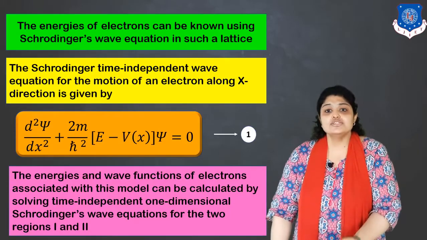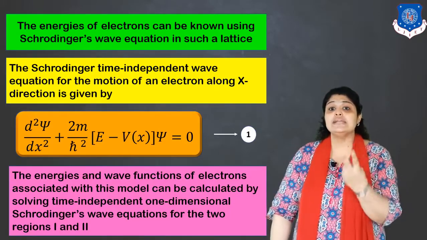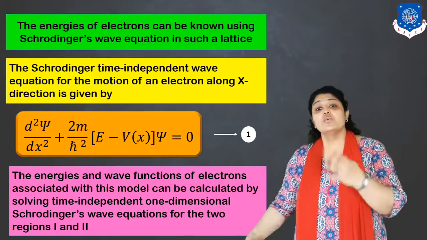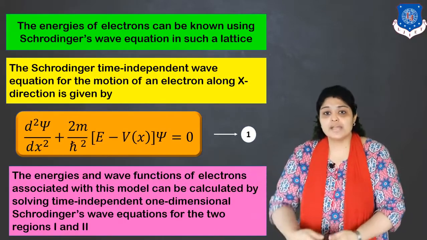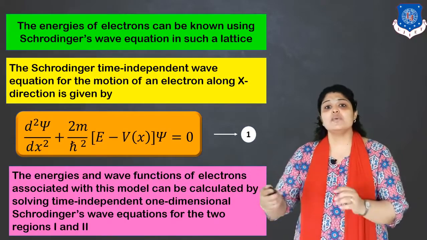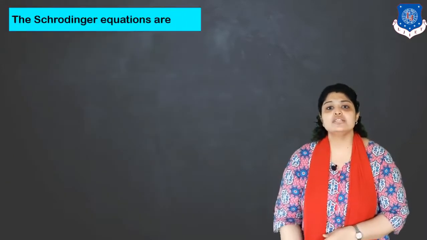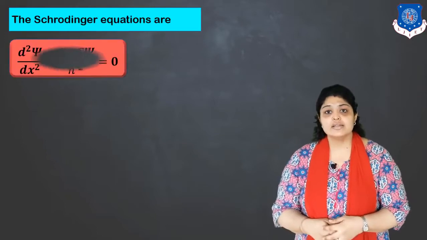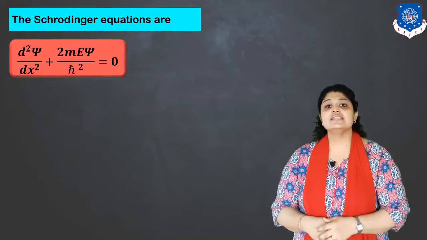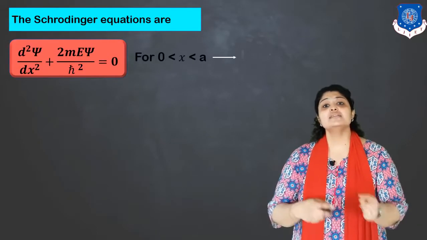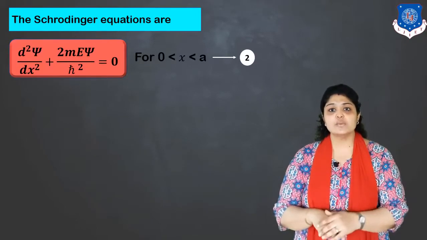Now we can define the Schrodinger wave equations using only two regions, 1 and 2. 1 is the region where your potential becomes 0 and 2 is the region where your potential becomes maximum. So let's see how the Schrodinger wave equations are written. They can be written as d square psi by dx square plus 2mE psi by h cut square equal to 0.